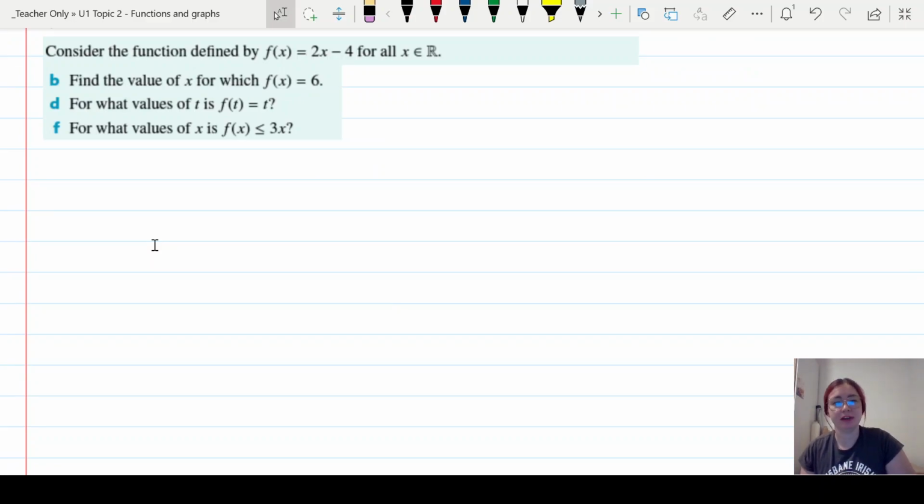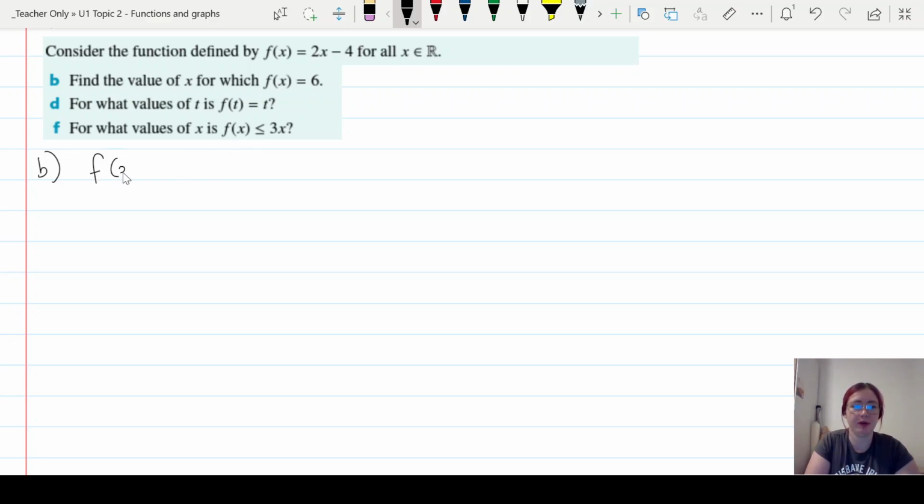A couple of examples of this. So if we consider the function that's defined by f of x equals 2x minus 4, and your domain is all real numbers. For b, we want to find the value of x for which f of x equals 6.